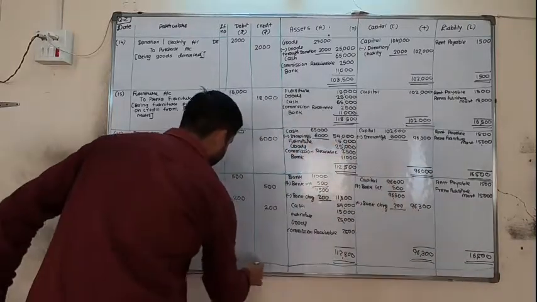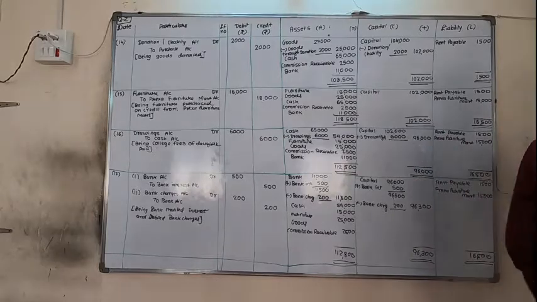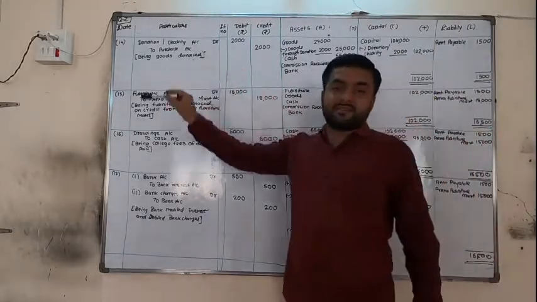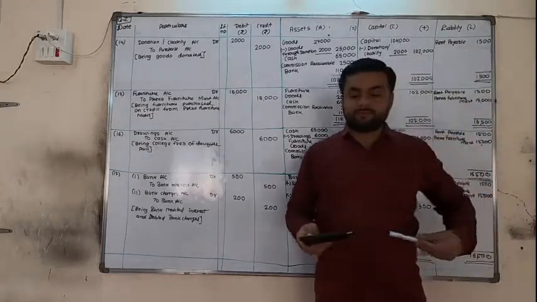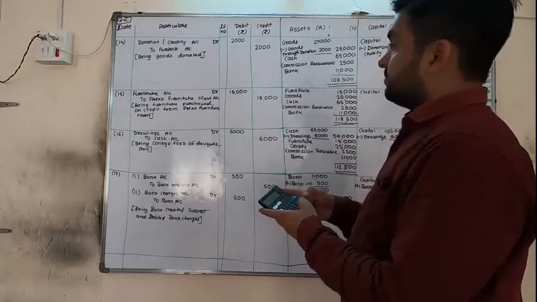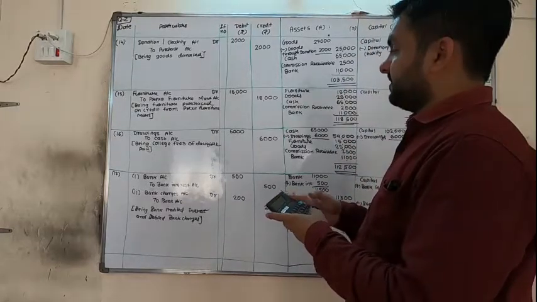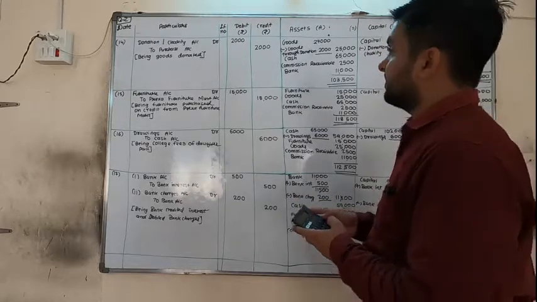So again I require the total because our board is filled fully. So total till 13 transactions, this is the 14th transaction. It was 3,58,000. I have written in my book. So let me take the total again: 3,58,000 plus 2,000 plus 15,000 plus 6,000 plus 500 plus 200. So 3,81,700.